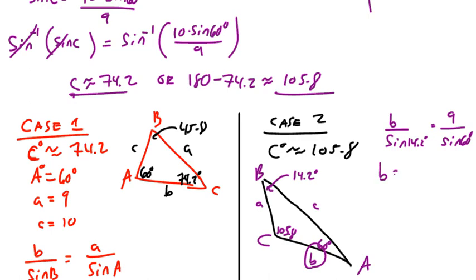So b equals 9 times sine of 14.2 degrees, all over the sine of 60 degrees. So doing all that, we would get our approximate answer of 2.55. And we just found b.